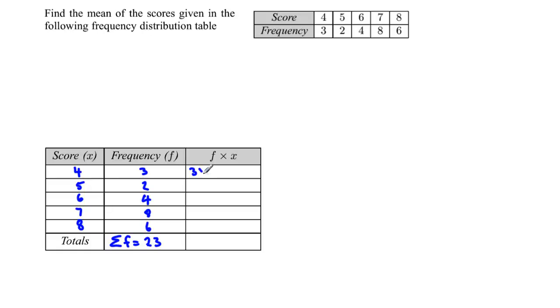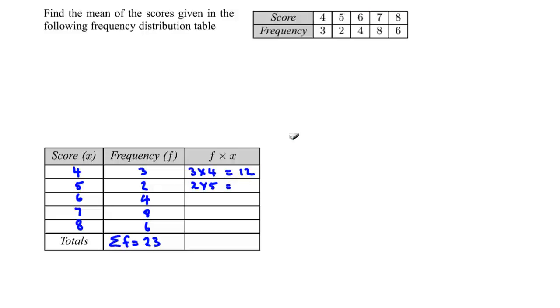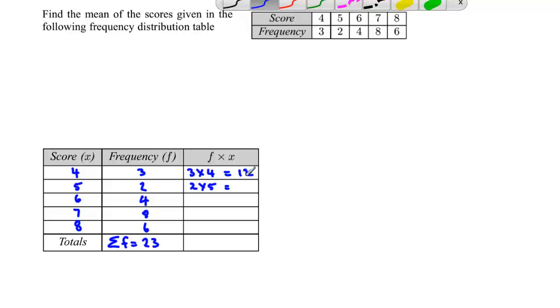So we have 3 lots of 4, which gives us 12, and 2 lots of 5, which gives us 10. 4 lots of 6 is 24. 8 lots of 7 gives us 56. 6 lots of 8 gives us 48.